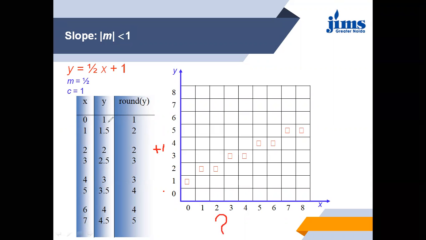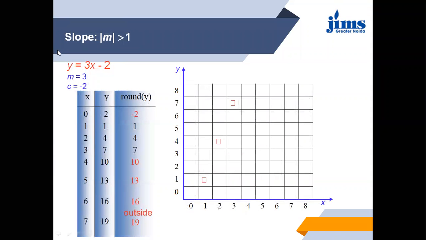As over here we have the value of x, every time we are increasing the value of x by 1, and we are finding the value of y. So when the value of m is greater than 1, that's the reverse of this case.